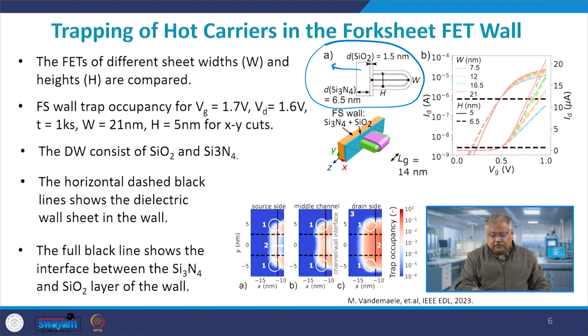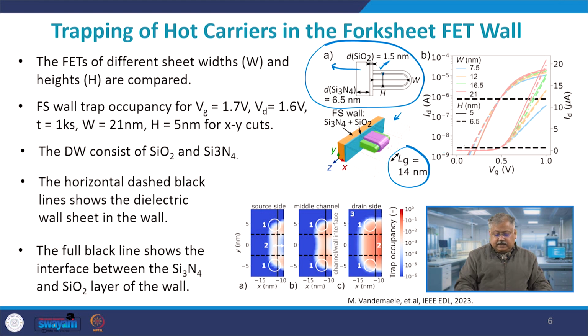This is the height of the nanosheet, and this is the width of the nanosheet, which comprises the Forksheet here, right. You can have the Forksheet wall, which is basically silicon nitride. This structure is slightly changed and shown here using a TCAD tool, and we see that the effective channel length is approximately 14 nanometer, and this is the direction of X, Y and Z.